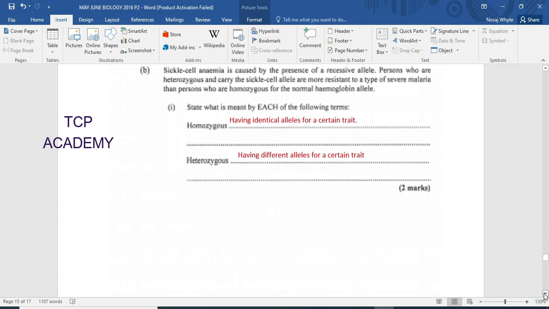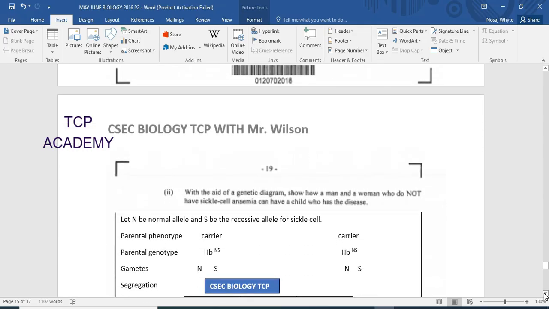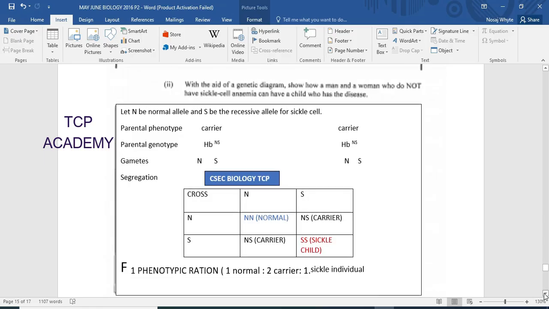Now let's move on and look at the other part of this question. Here, with the aid of a genetic diagram, show how a man and a woman who do not have sickle cell anemia can have a child who has the disease. First, there are some things that we need to do to solve this, and I'm going to show you everything on the screen that you need to do.